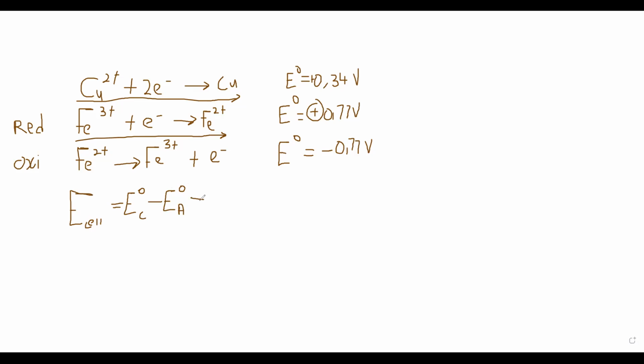So that's gonna give us 0.34 minus negative 0.77, which is gonna give us 1.11 volts. So mostly this is the calculation.